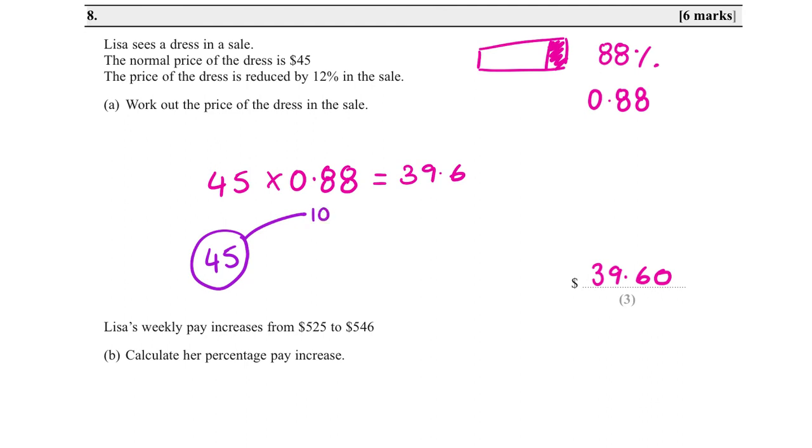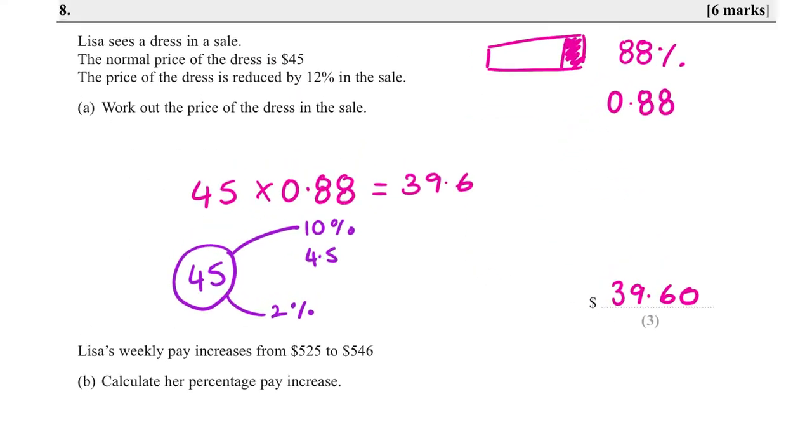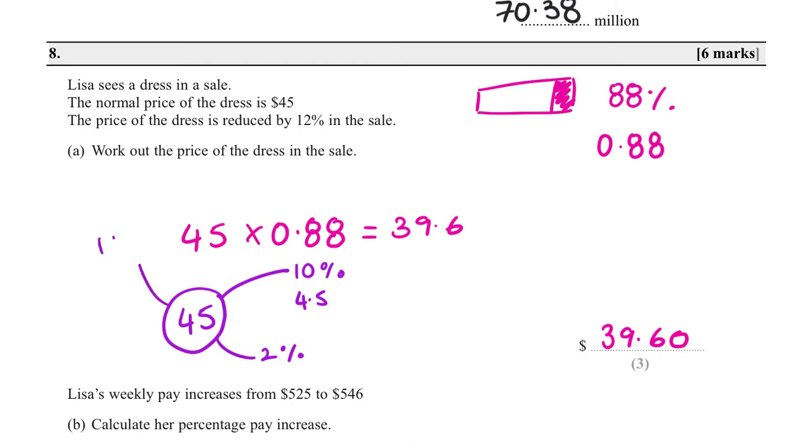So what's 10% of 45? 4.5. Before we get to 2%, what's 1% of 4.5? 0.45. So 2% is double that, which is 0.90.